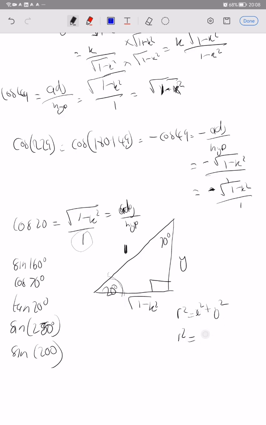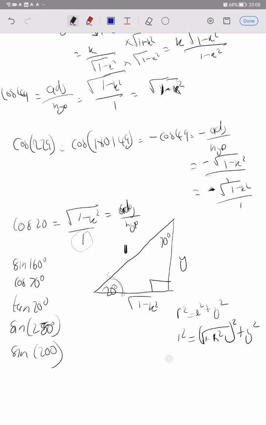My x is just the square root of 1 minus k squared, plus y squared.